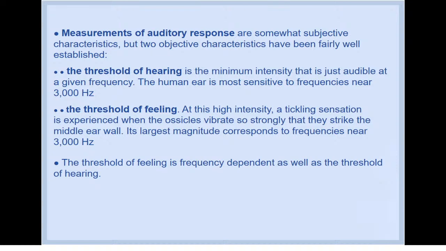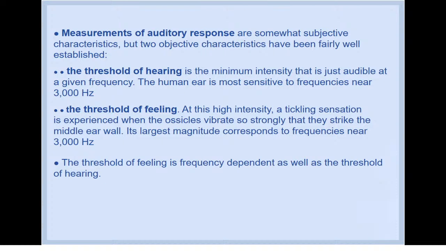So measurements of auditory response are somewhat subjective characteristics, but two objective characteristics have been fairly well established. As I said already, the threshold of hearing is the minimum intensity that is just audible at a given frequency. The human ear is most sensitive to frequencies near 3000 Hertz.